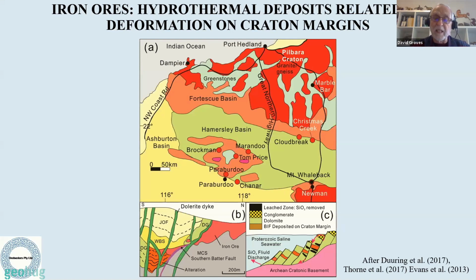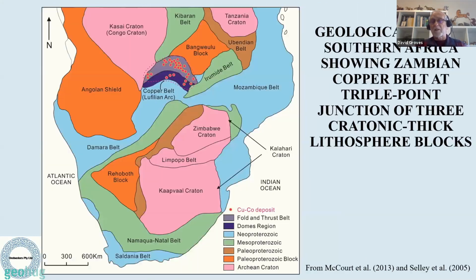And if you look at C, the cross section that's drawn by the Dave Leach group, we're seeing the same sort of geometries we're seeing at Carlin, except in this case, the fluid's being fed from basins elsewhere, going up the fold and back down and leaching the silica and putting it out into the basin. But the geometry is exactly the same. So we're seeing a disparate group of deposits all forming with very similar cross-section, in very similar places.